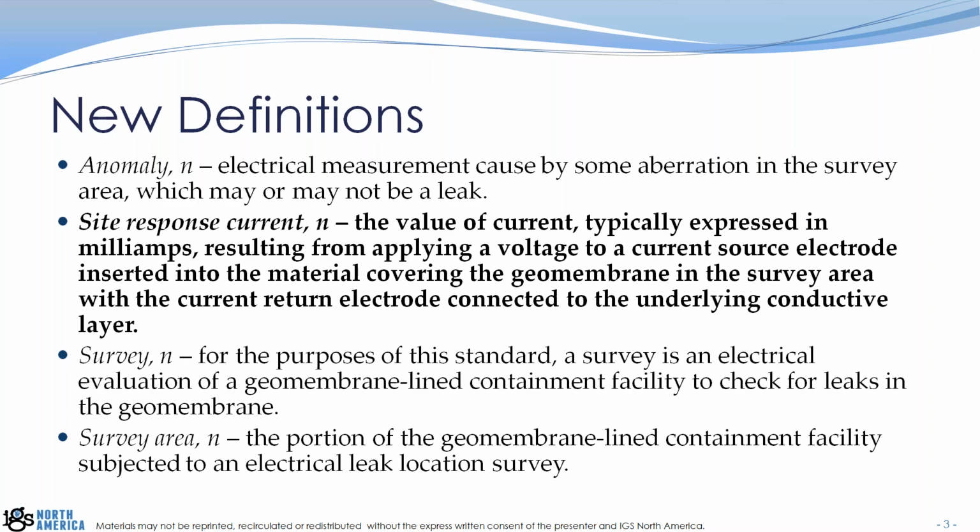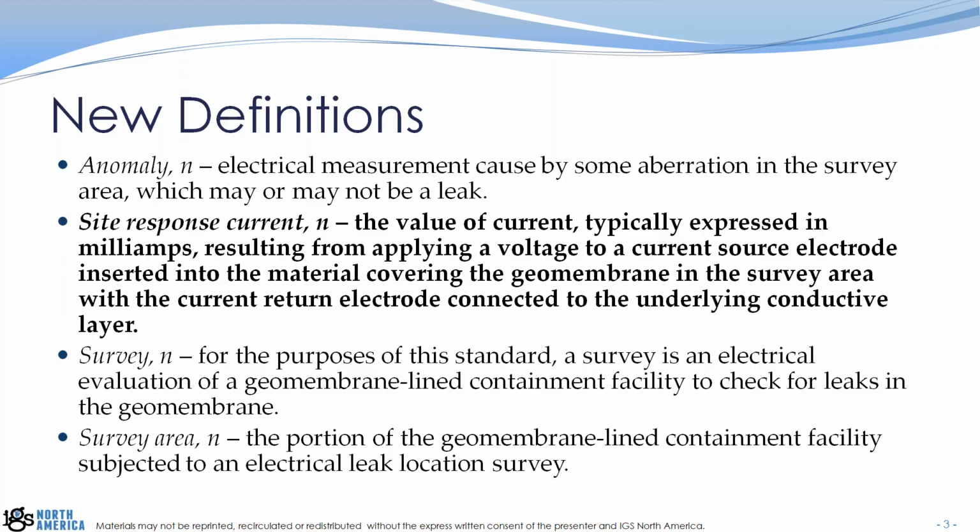We use it all the time. Sometimes I wonder if folks know what we're talking about when we say anomaly. So now it has a definition. It's an electrical measurement caused by some aberration in the survey area, which may or may not be an actual leak, usually caused by non-homogeneity or something. One of the new and really important definitions is site response current.